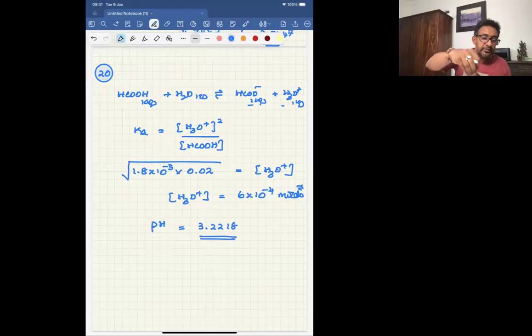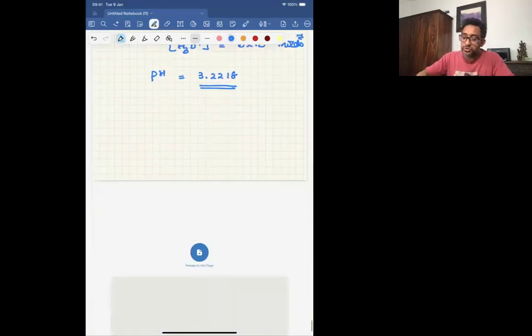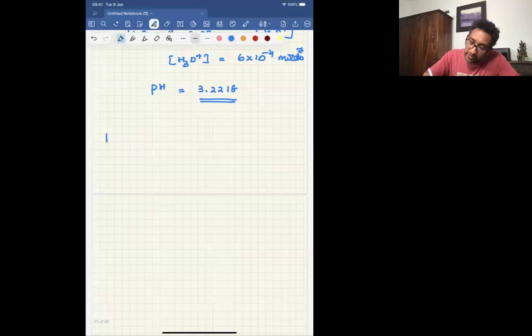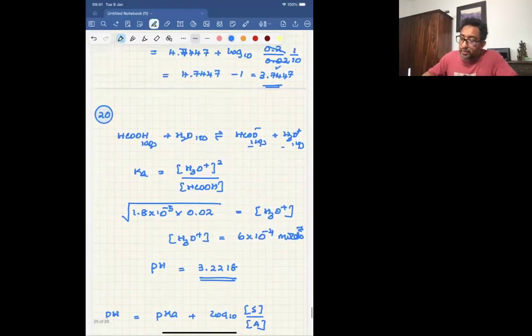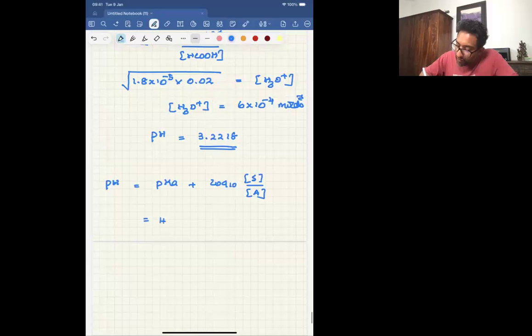Now to this you add 0.1 molar sodium methanoate. When you add that, it becomes a buffer solution, because you have the salt and the acid both. pH is pKa plus log10 of salt over acid. pKa is minus log of 1.8 × 10^-5, which is 4.7447, the value that you have calculated earlier.